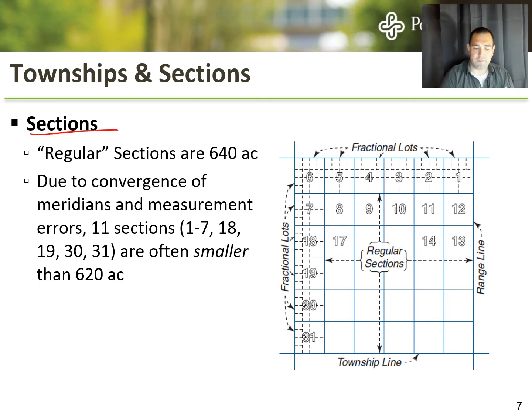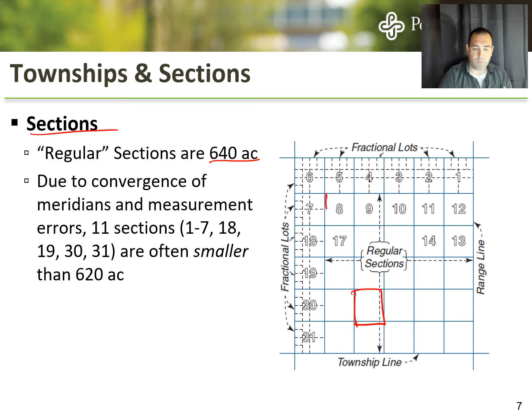And then within the township, as we're looking at the sections, each section would be one of these 1 mile by 1 mile blocks. On paper, these should be 1 mile by 1 mile, which is 640 acres by default. However, because of error and because of the convergence of meridians, some of these aren't going to be exactly 640 acres. Usually 11 of them are going to be a bit smaller.